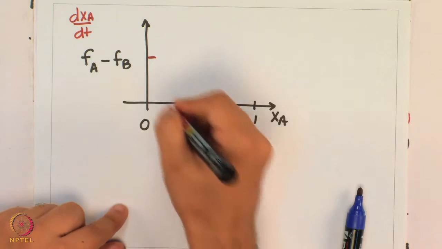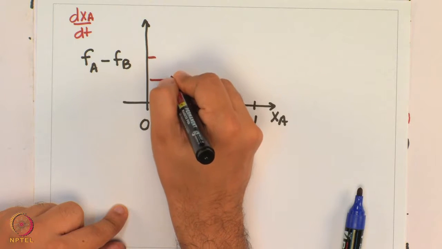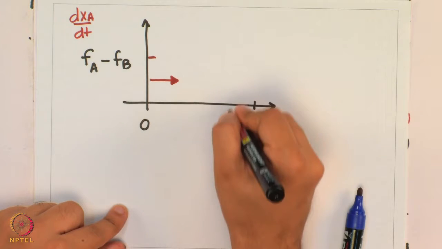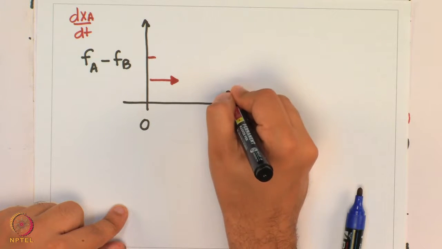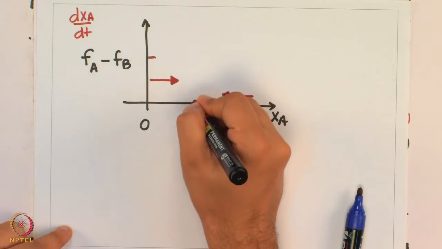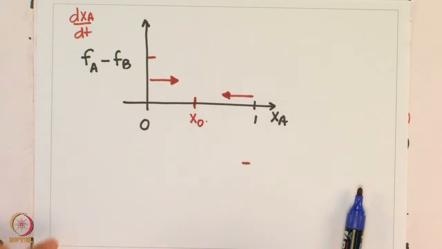That means starting from small values of x A, the system wants to move towards higher values of x A, and starting from larger values of x A, the system wants to move towards smaller values of x A.